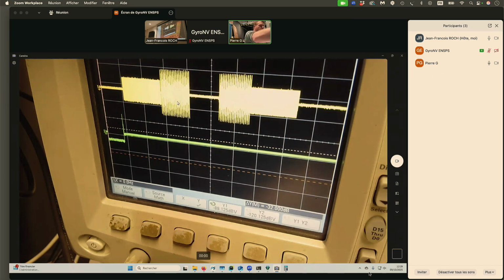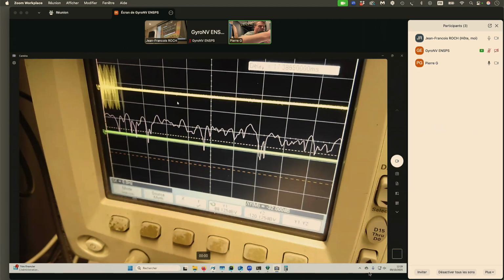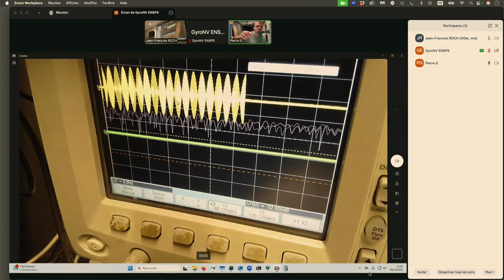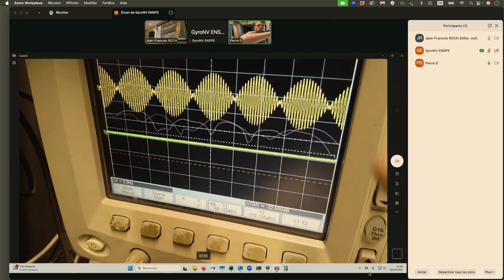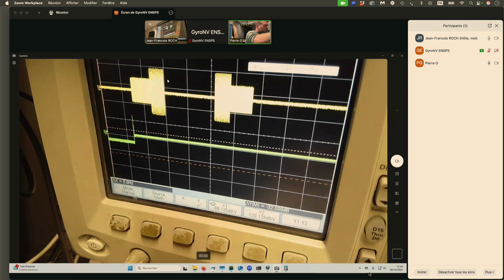Since they just superpose in the antenna, we have a beating between them, okay? So what you see here is the result of adding RF1 and RF2. And as before, the second one is slowly moving to the left, okay?